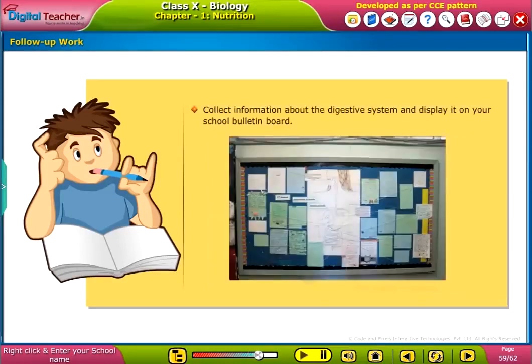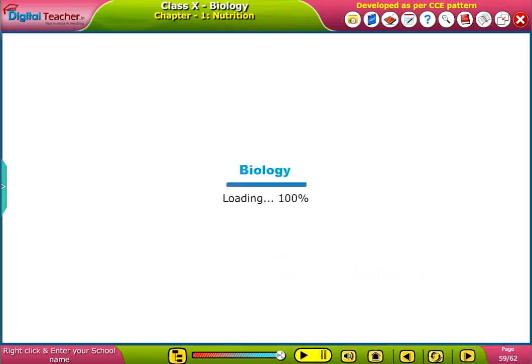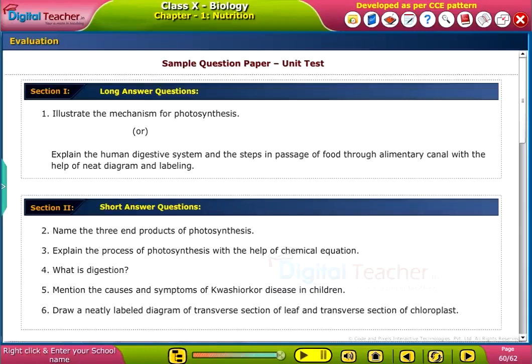Collect information about the digestive system and display it on your school bulletin board. Observe the given image on the screen carefully and write a note on light-dependent and independent reactions. Test your understanding of the chapter by taking the mock unit test.